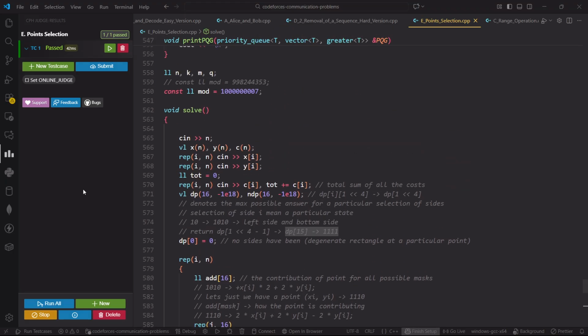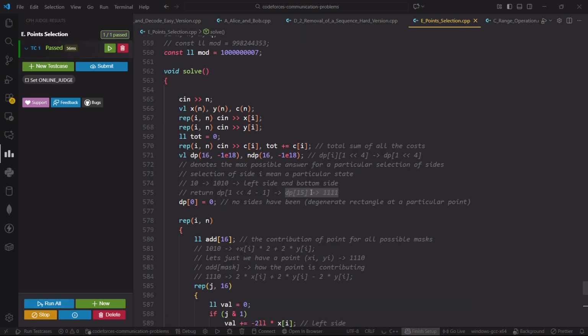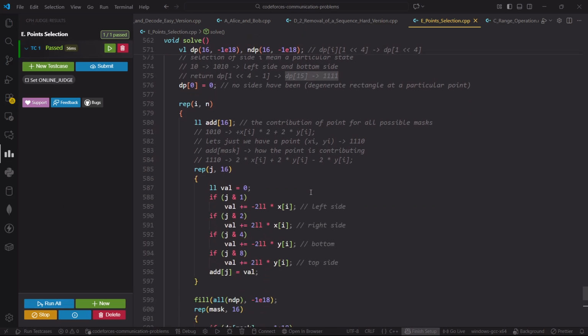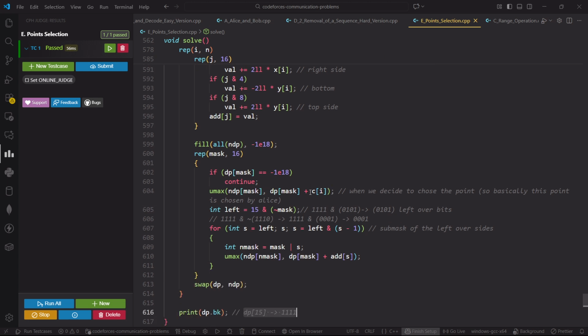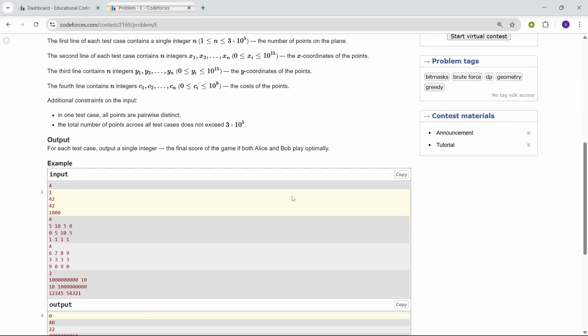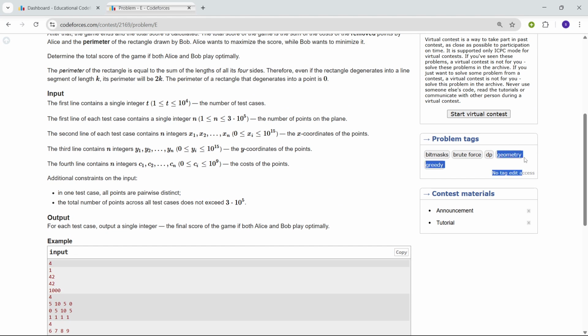So yeah, this is the solution that worked for me. This is a good problem. I don't think there was much geometry involved in this. It was basically DP and bit masks and also a submask kind of thing.